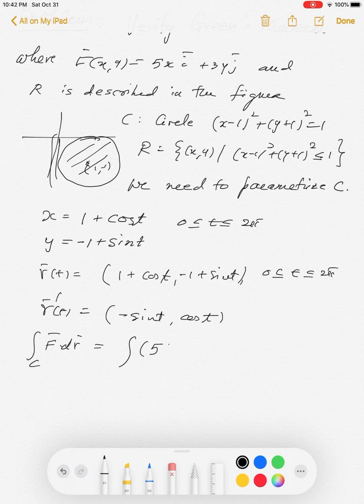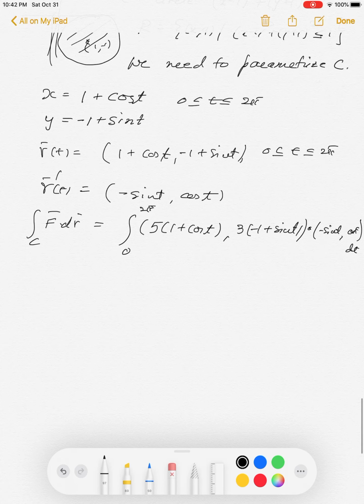Now let's calculate the line integral of f bar dot dr bar over C. My f is (5x, 3y), where x is 1 plus cos t and 3y is 3 times (minus 1 plus sin t), dot product with (minus sin t, cos t) dt, from 0 to 2 pi.